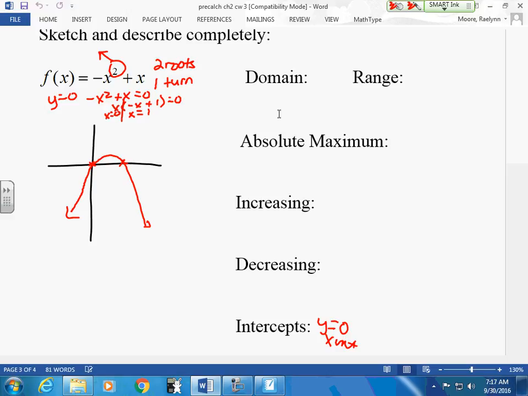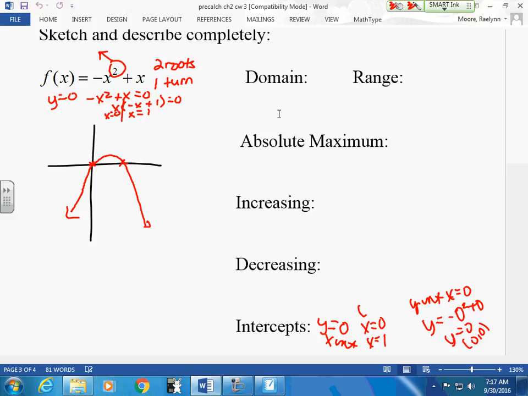So I know I'm opening down. If I had to sketch this without my calculator, and I looked at my x-intercepts, we found these to be x is 0 and x is 1. Then we looked at your y-intercept when x is equal to 0. If I plug a 0 in, I get negative 0 squared plus 0, so I get 0.